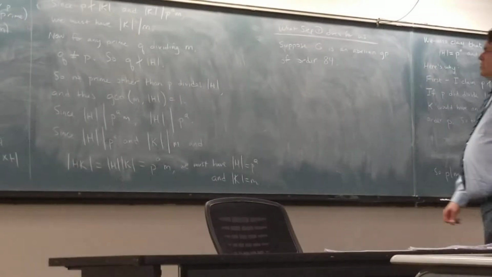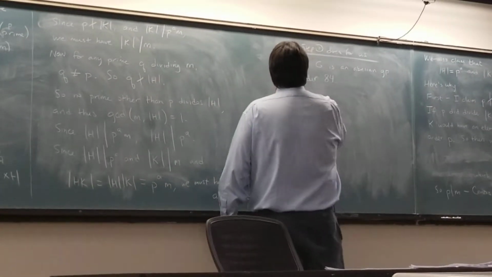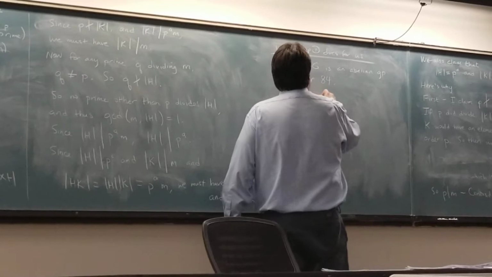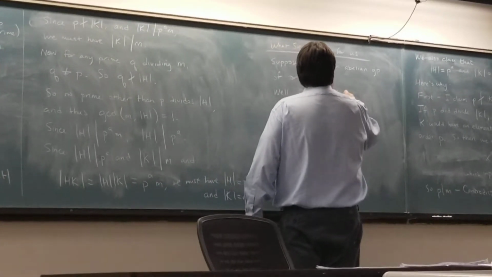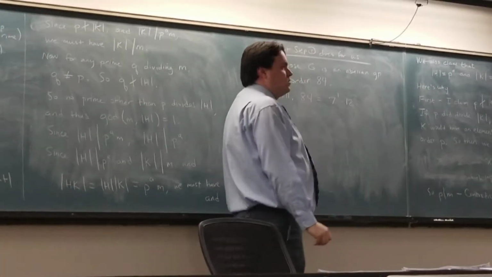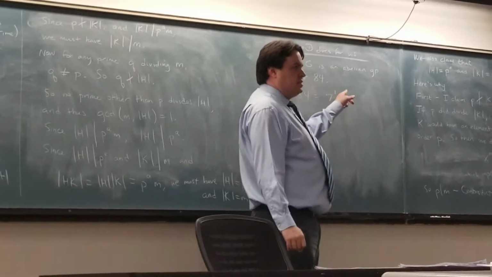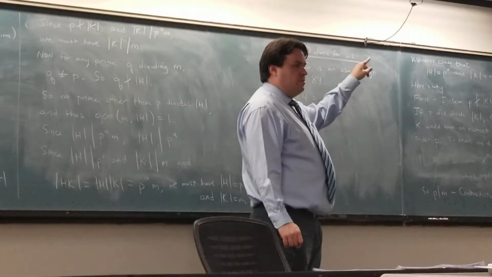All right, one thing that we know, 84 is equal to 7 to the first times 12. So I'm very purposefully writing this as p to the a for prime p times m.